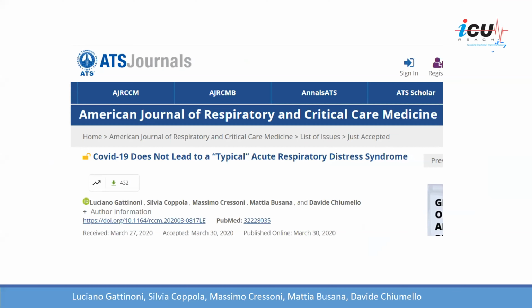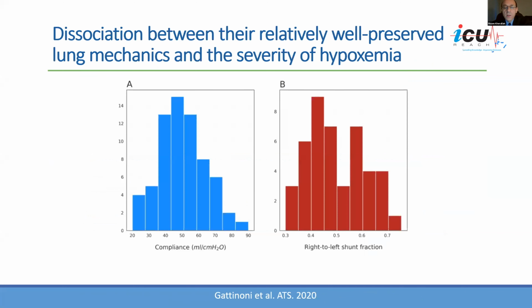It doesn't look like COVID-19 leads to typical ARDS. And this is based on the publication from Dr. Gattinoni that was published in the ATS last month. Showing in this graph here on the left side, this is the compliance.